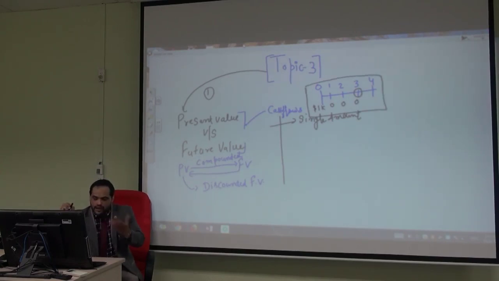Here we are going to calculate present value and future value using the single amount cash flow. So what will be the formula of present value? The formula for present value is PV equals future value divided by (1 plus r) to the power t.